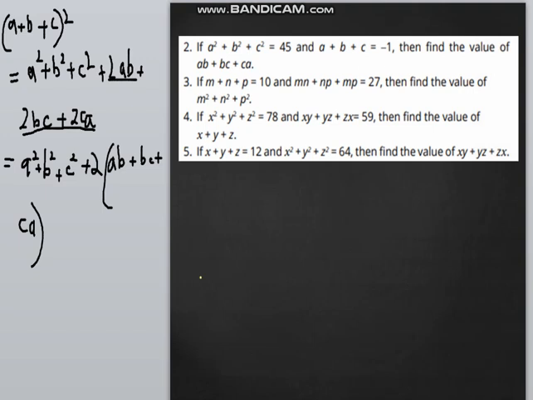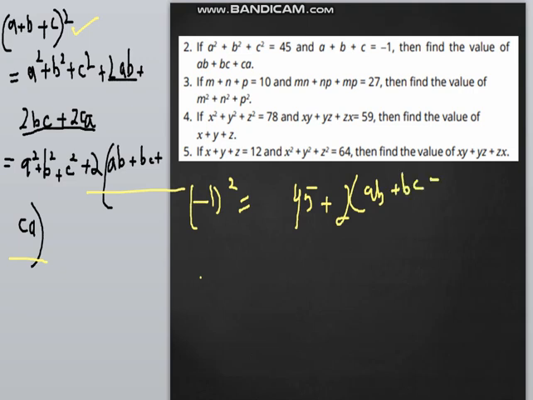We have a plus b plus c is minus 1, so (minus 1) squared, because (a + b + c) whole squared is equal to (minus 1) whole squared, which is equal to a squared plus b squared plus c squared, which is 45, plus 2 times (ab plus bc plus ca). That's what we've got to find in here.